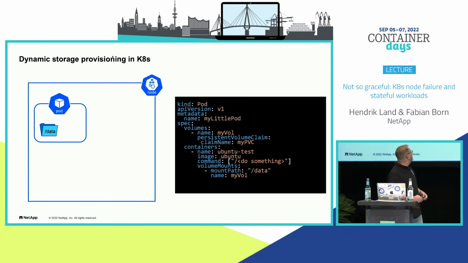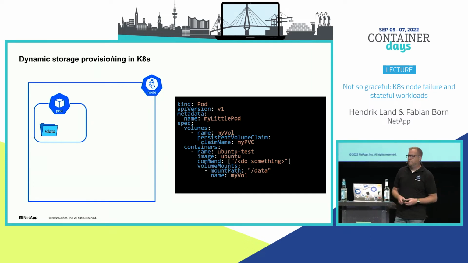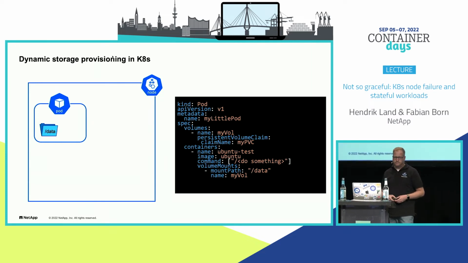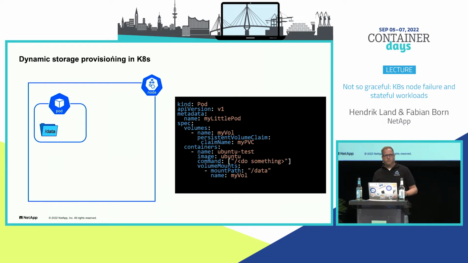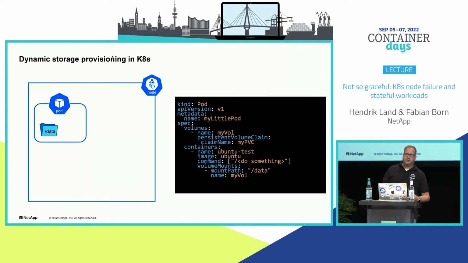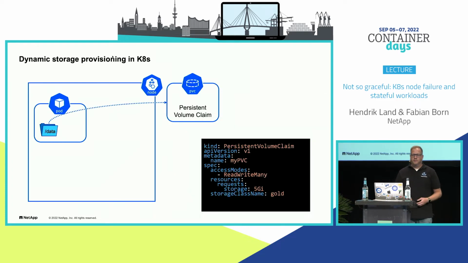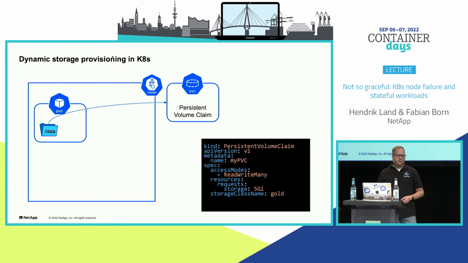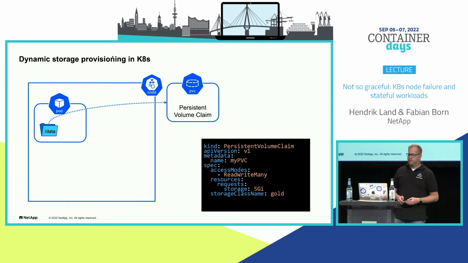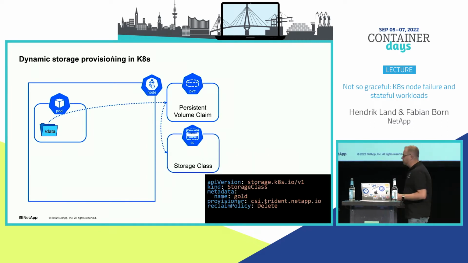Okay, let's start with dynamic storage provisioning in Kubernetes. How does it work? If you want to deploy an application, in our case Ubuntu, you need a persistent volume which has to be mounted at /data. For this, we need a persistent volume claim. Every persistent volume claim needs a storage class, which you see in the code snippet.